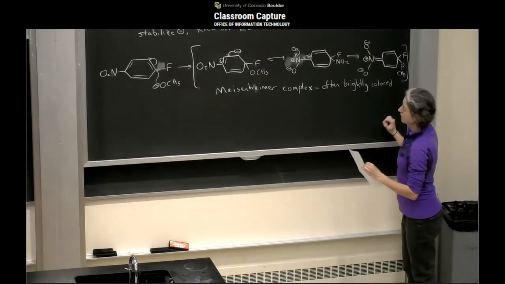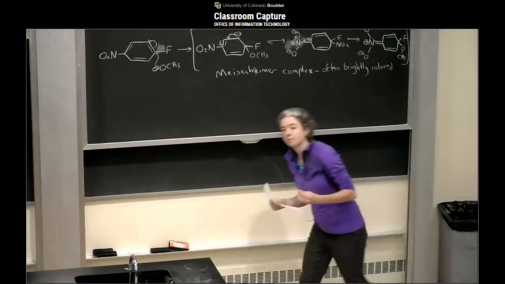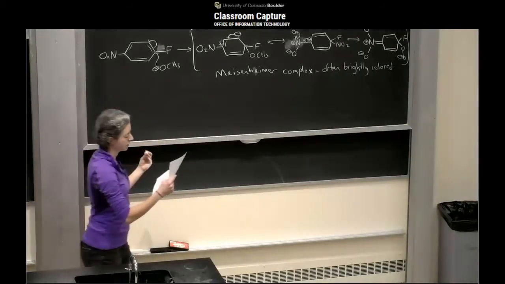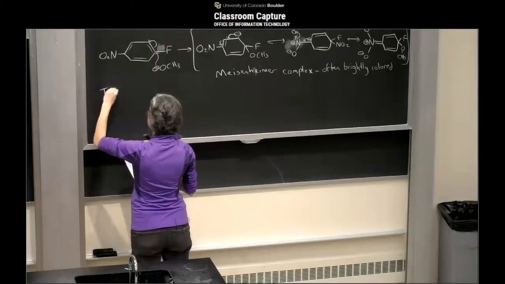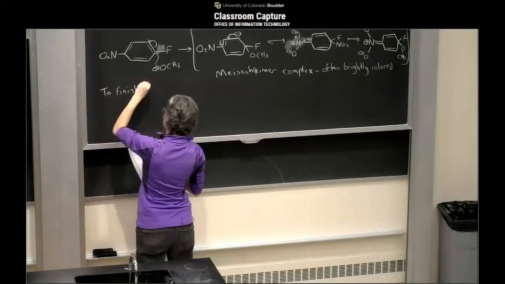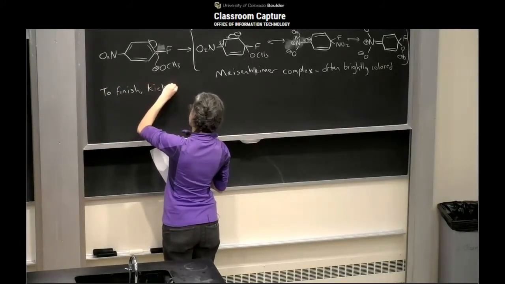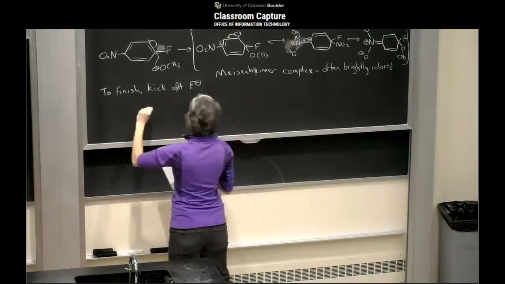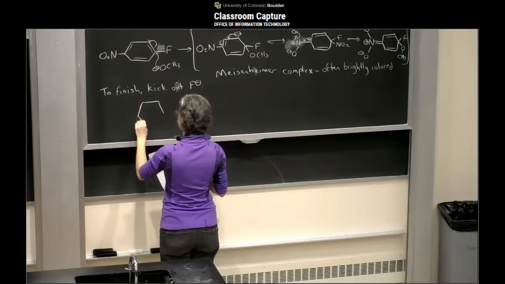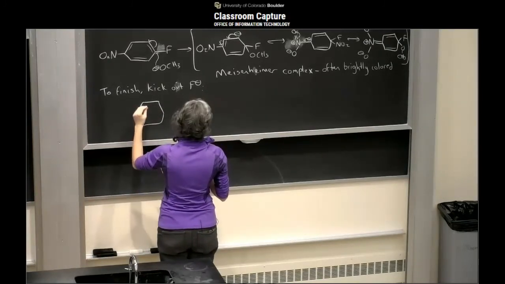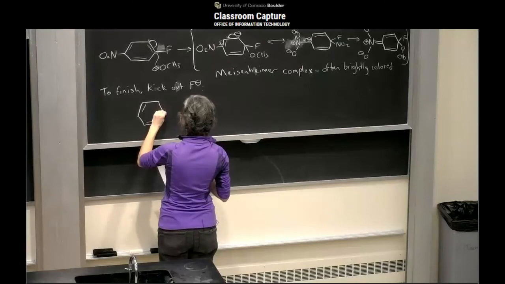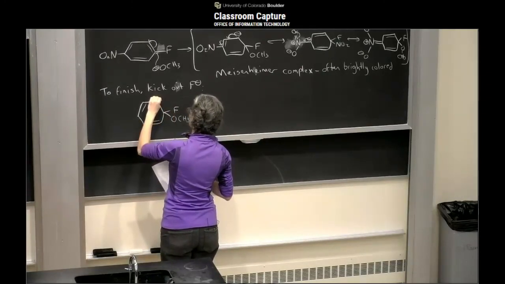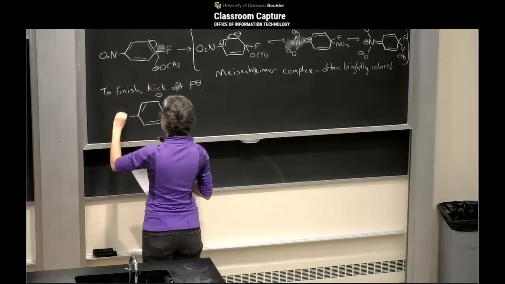Okay, so then to finish up the reaction, you just got to kick out the leaving group, which is the fluorine in this case, and reestablish aromaticity. So whichever resonance form you're showing doesn't really matter. You can do this from any of them. It's just simpler looking from some than from others.